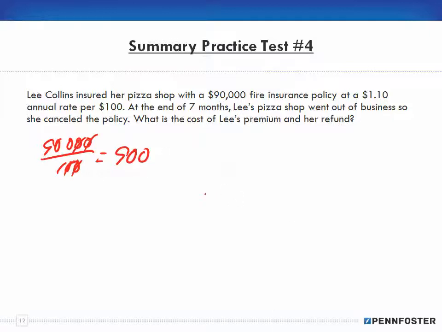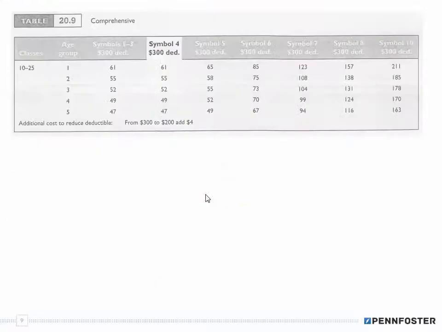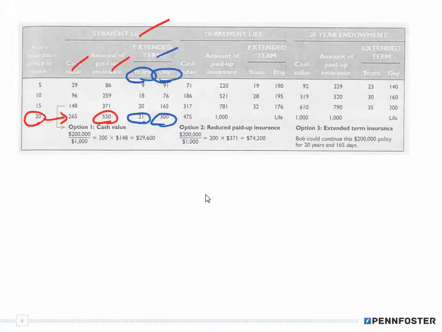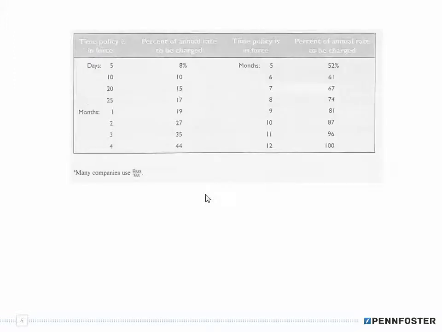Okay, so let's see here. We have to go down to the short rate table. So let me bounce up to the short rate table. All right, there it is. Okay, and the problem said 7 months. So we're looking at 7 months here, and this is the percent, 67%.